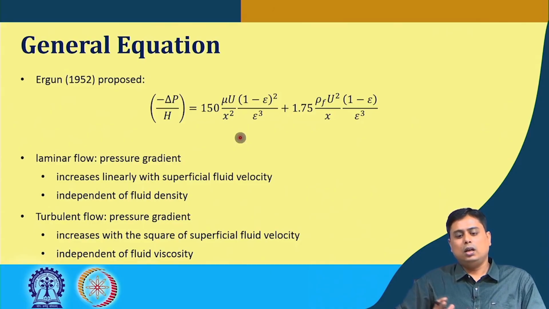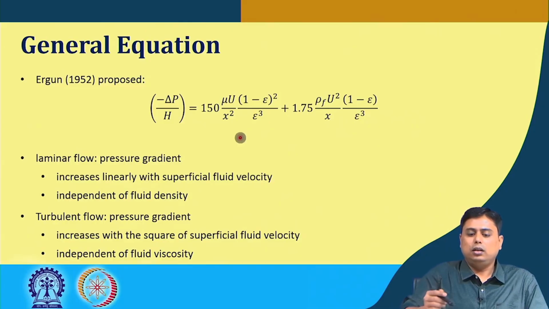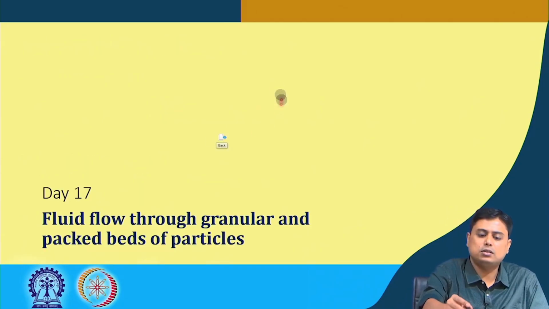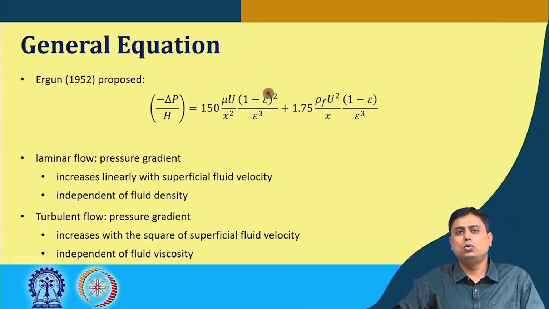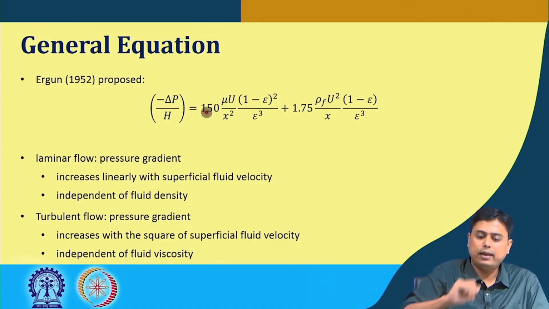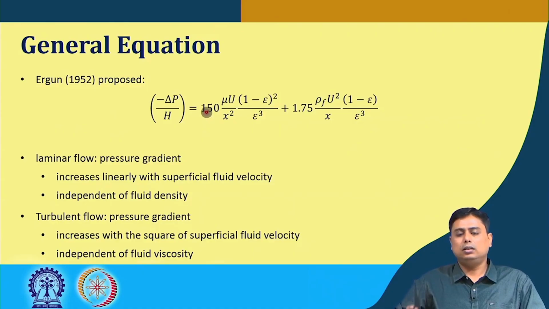The other part becomes dominant when the flow is turbulent. So, he has combined these two parts. The first part is similar to the Kozeny-Carman equation, but with a different constant value, and the other part is the Burke-Plummer equation.